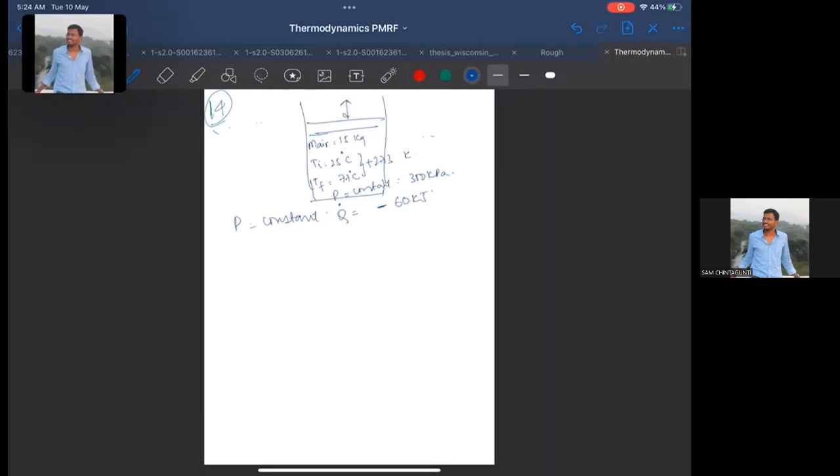So we have T initial, we have T final. So we have U2 minus U1 is equal to m Cv (T final minus T initial). Air is an ideal gas, so we can directly write this formula. So we have 15 into Cv of air 0.718, into (T final minus T initial), which is 77 minus 25 is 52.